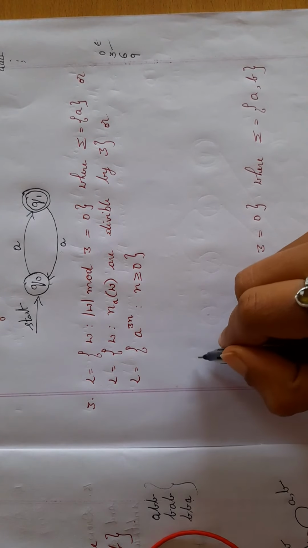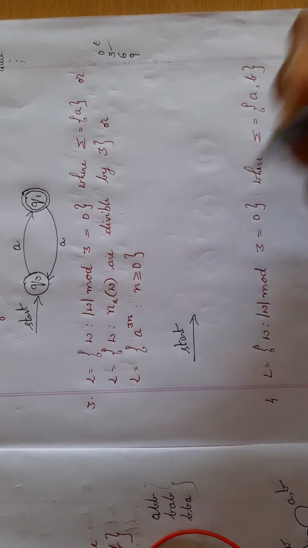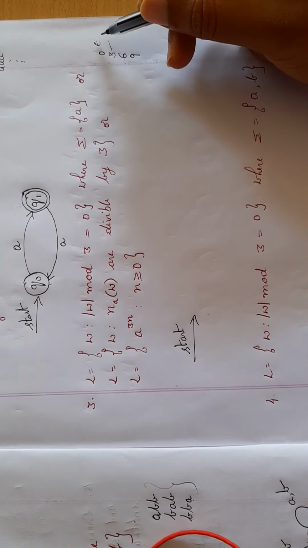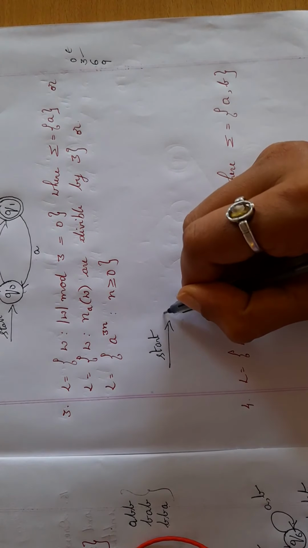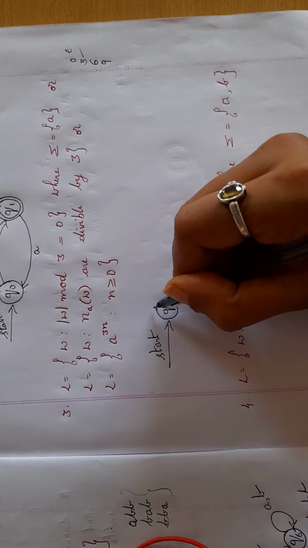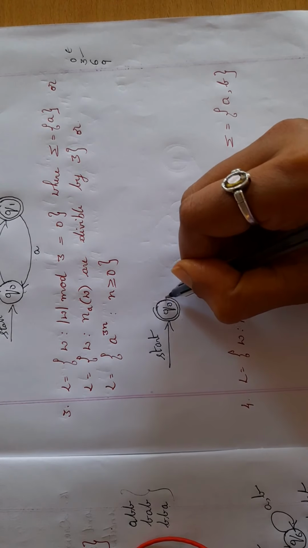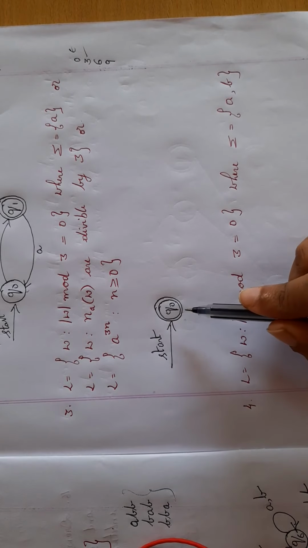So I'll write start. So 0, epsilon should be accepted. So what happens? My first state itself becomes the final state. So epsilon is done. So this is the final state, right?